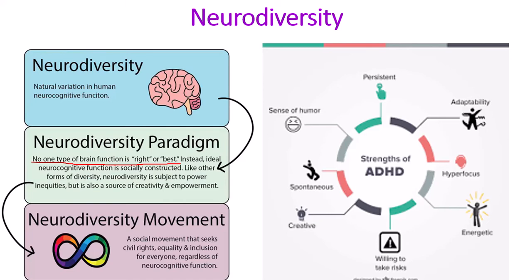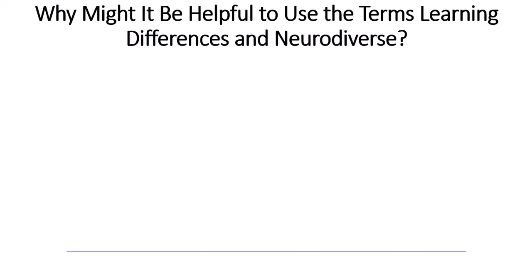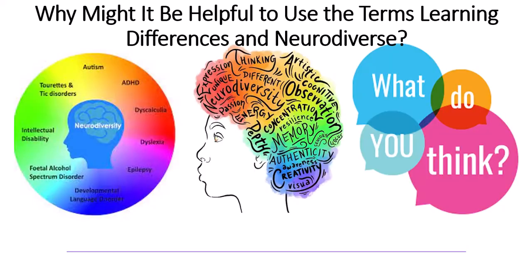These are a lot of the qualities that employers are looking for, right? And they can also be an asset in the classroom as well. So why might it be helpful to use terms like learning differences and neurodiverse instead of the old language of disability? I love this picture here in the middle, because I feel like this just says it all.